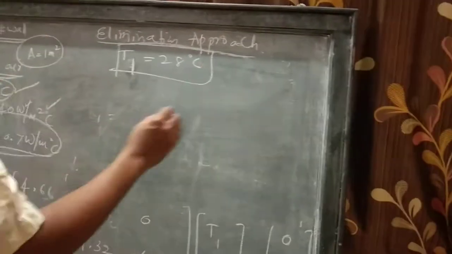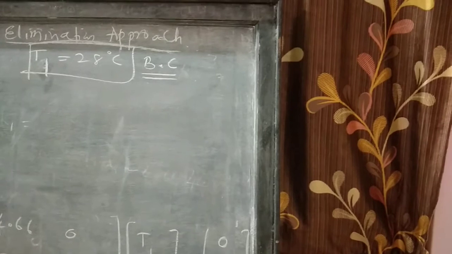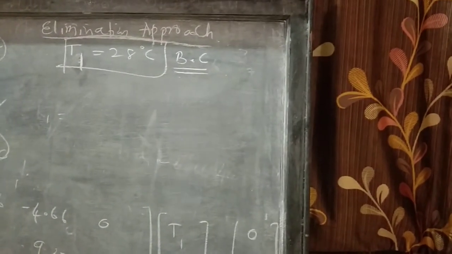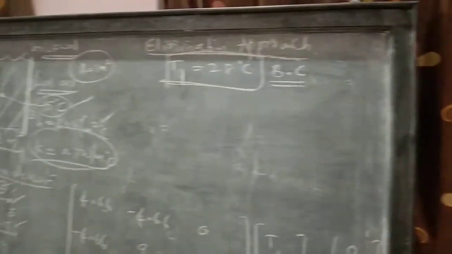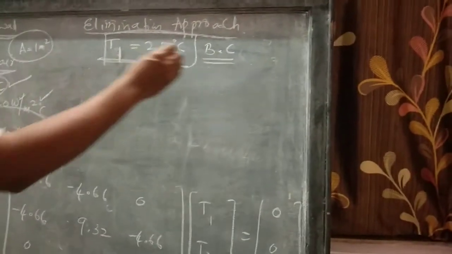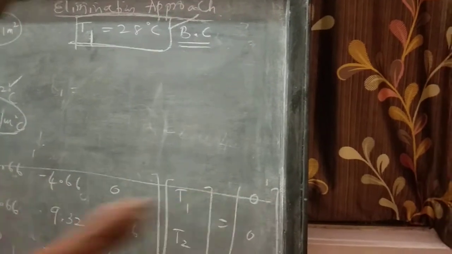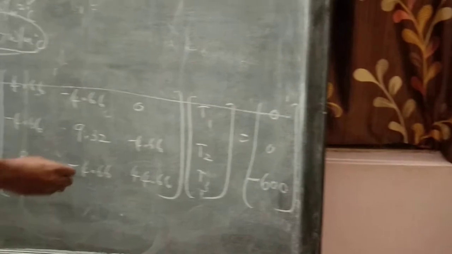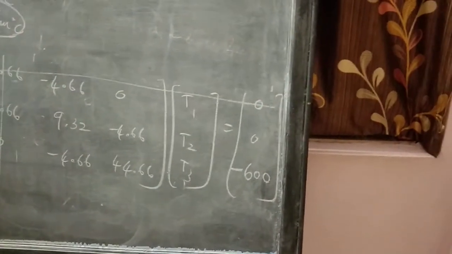The boundary condition is nothing but a specified value of the field variable, which for heat transfer is temperature. Since T1 is known, there is no need to calculate it. According to the elimination approach, eliminate the first row and first column, and the remaining two equations have to be solved considering the first-column terms also, because T1 is a non-zero boundary condition.